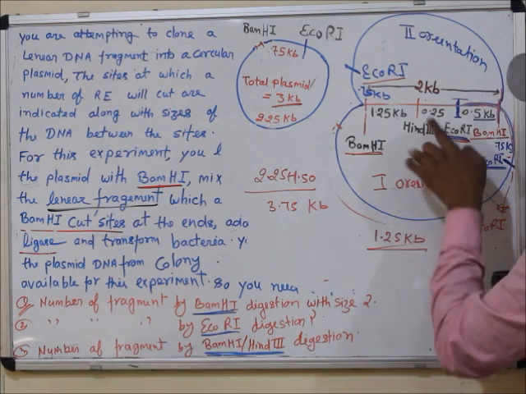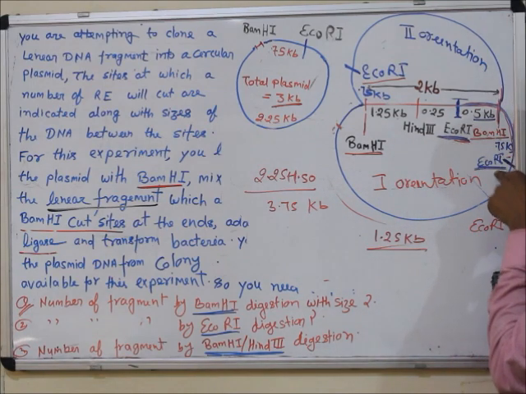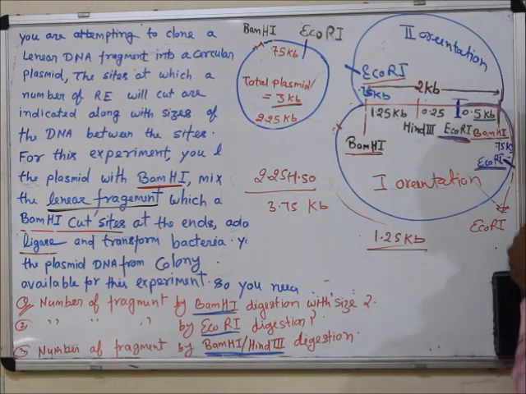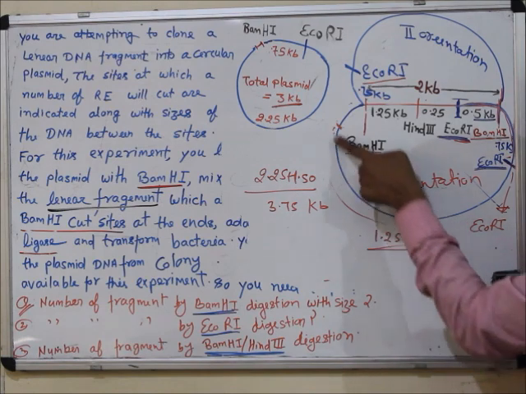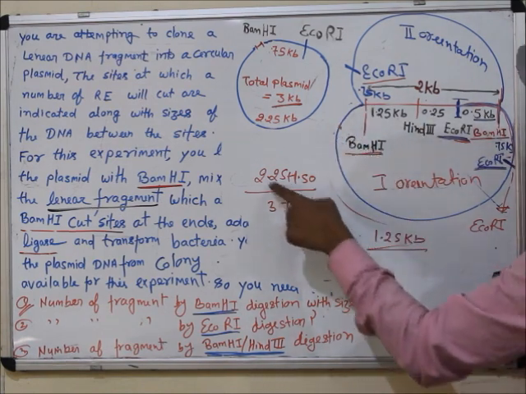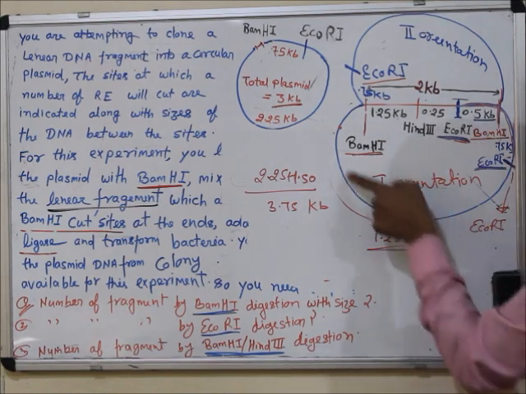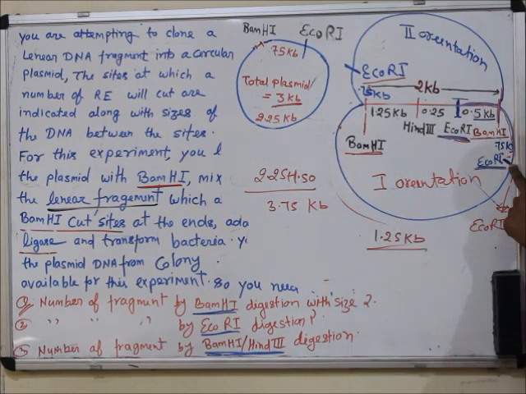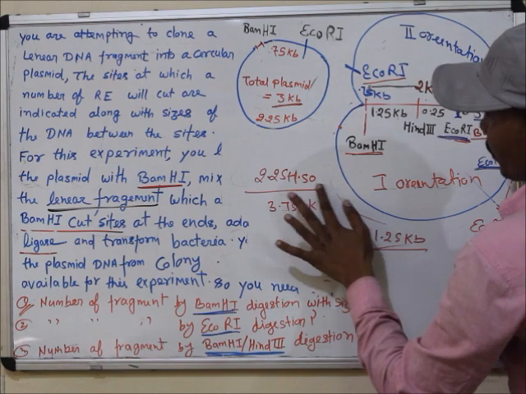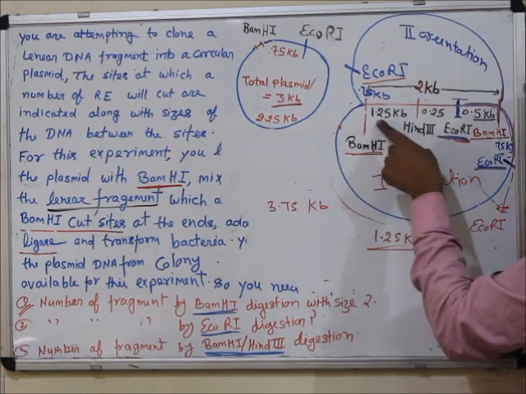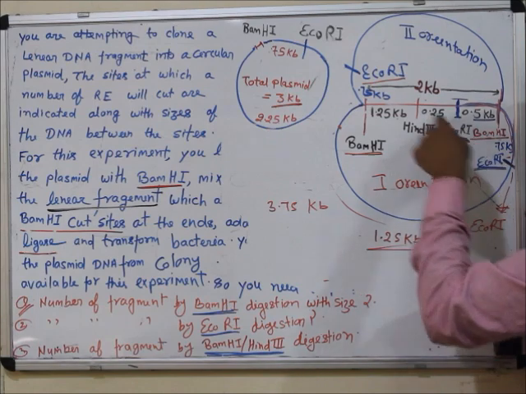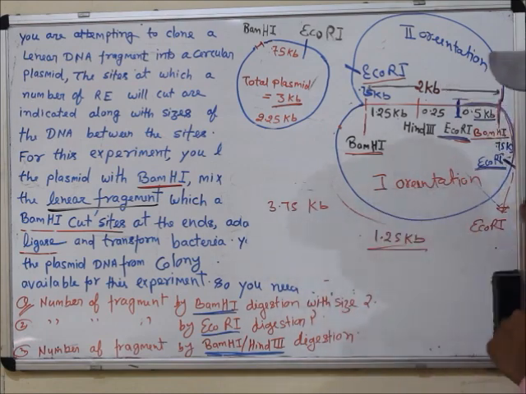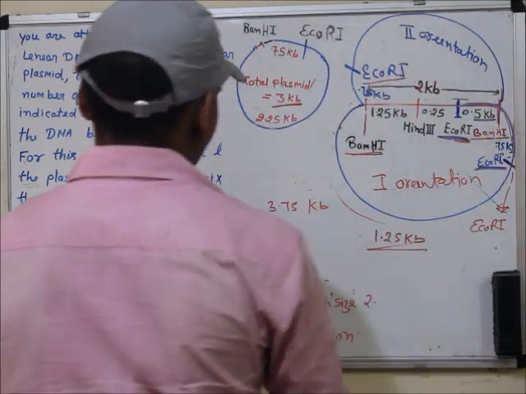Then by EcoRI, the length obtained is 1.25 kb and the remaining part till here would be 3.75 kb, because 1.25 kb, 0.25 kb and the remaining 2.25 kb total 3.75 kb in the first orientation.